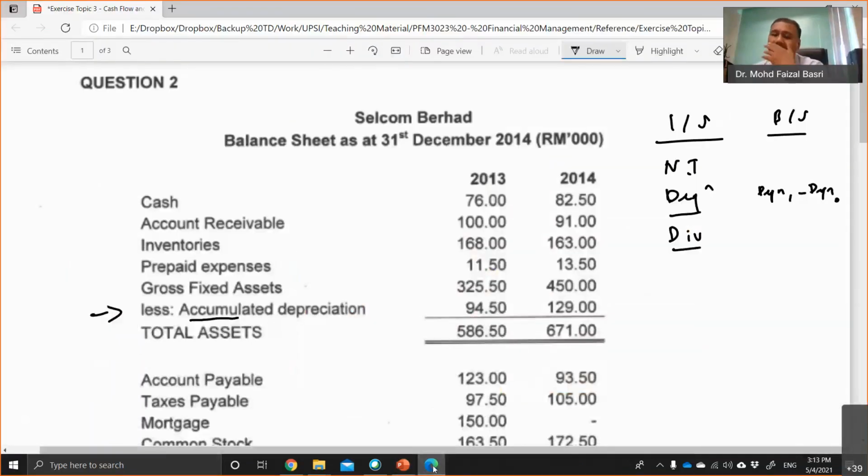I'm going to write it here. First of all, you need to understand where dividend comes from. I already wrote this during our earlier class. It comes from the net profits.